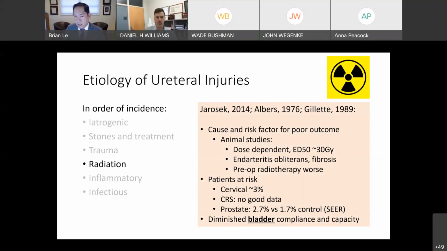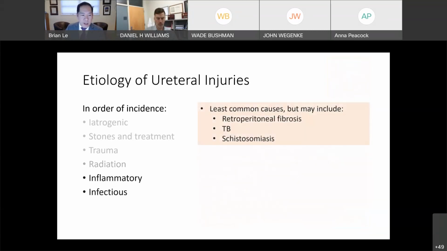And lastly, in the last order of interest, I won't talk too much about it, are inflammatory and infectious causes, whether we're talking about retroperitoneal fibrosis, TB, or schistosomiasis, as other etiologies of ureteral stricture disease and ureteral injury.